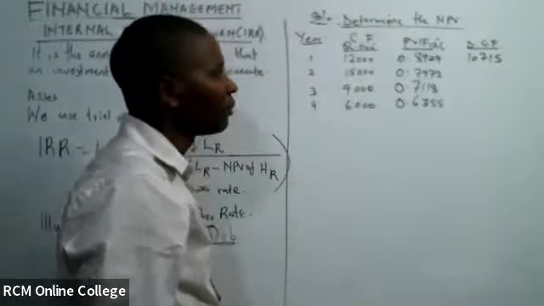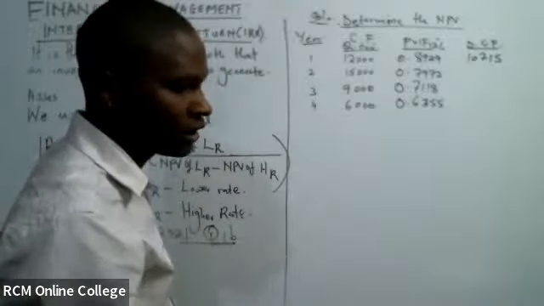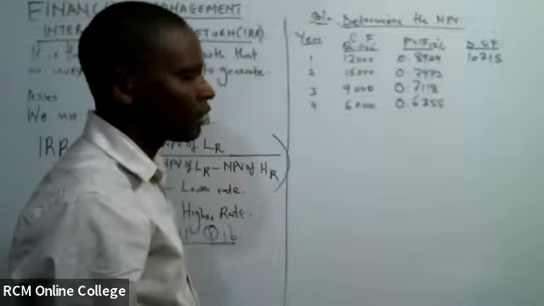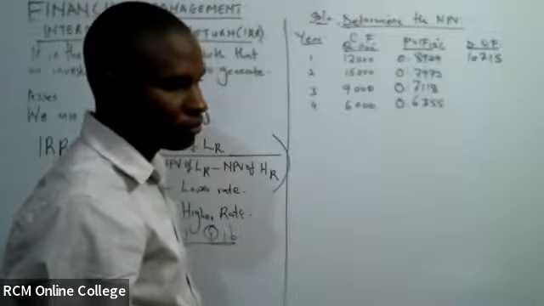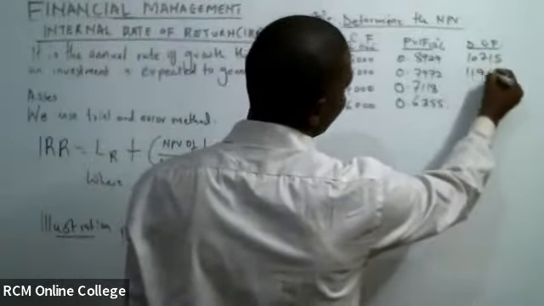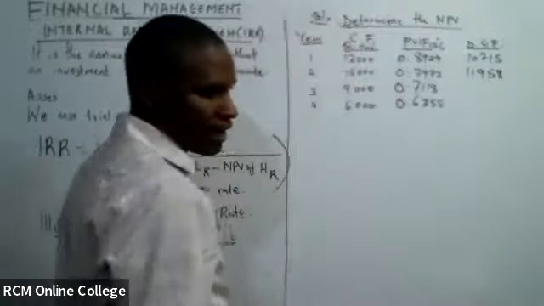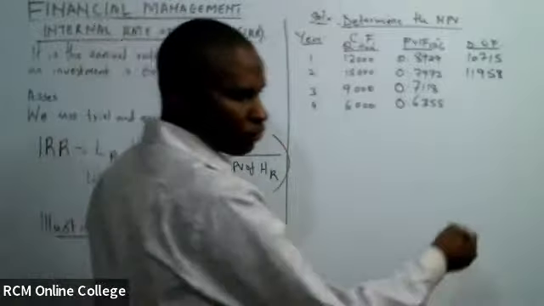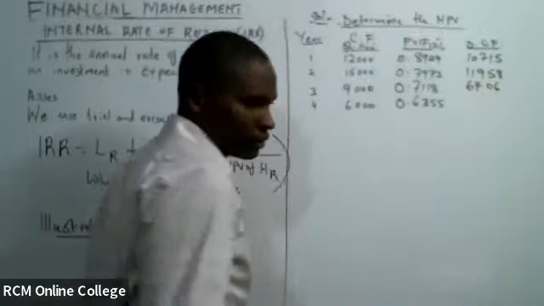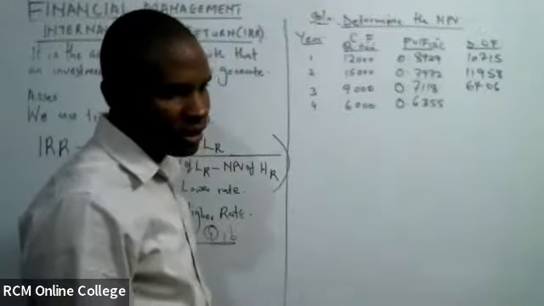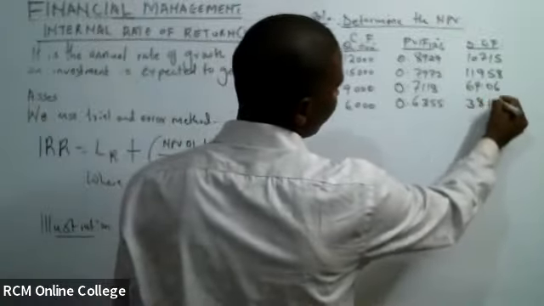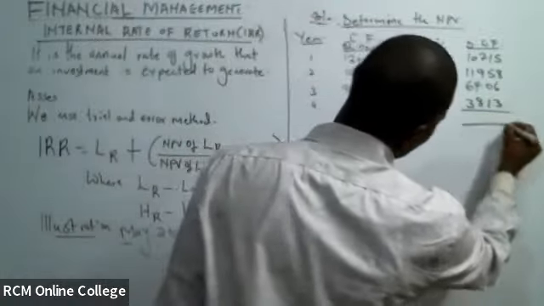The second, and remember speed, we said, is key. 15 times that gives 11,958. Then the third, 6406. The fourth, 3813. Let's see who will be the first one to give us the total.